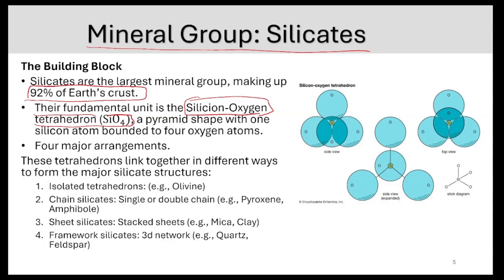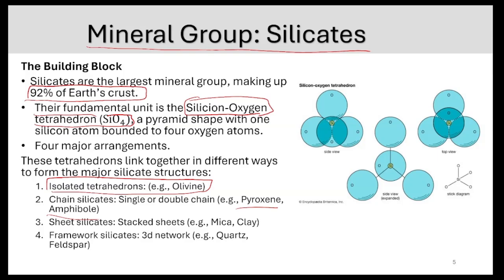For example, if we have an isolated silicon oxygen tetrahedron, then we will generally get a mineral called olivine. And if there's a single or double chain of this silicon oxygen tetrahedron, generally it results in pyroxene or amphibole.